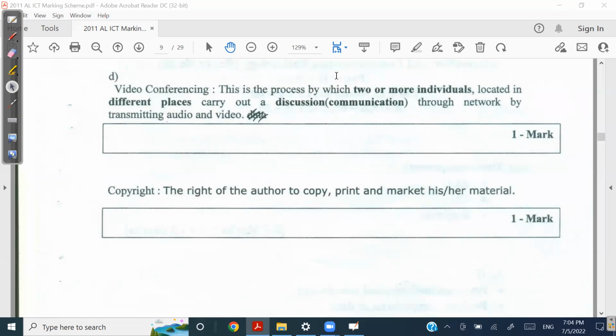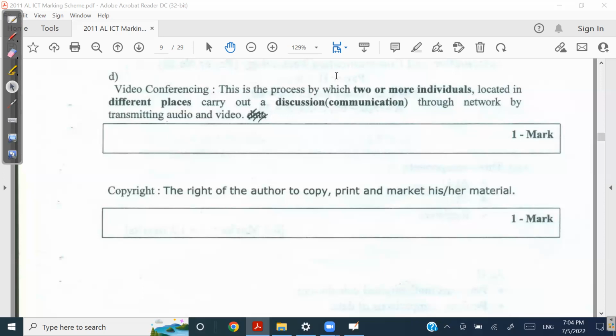Yeah, I will show it to you. And for copyrights, it says the right of the author to copy, print, and market his or her material. That is what you call copyright. So if you have this idea in your answer, you have the 2 marks. And be very careful of the keywords.